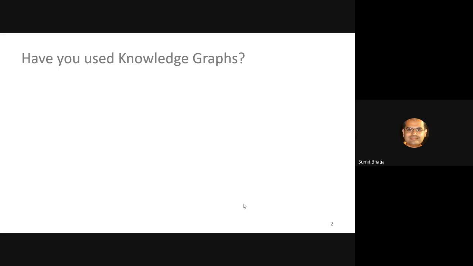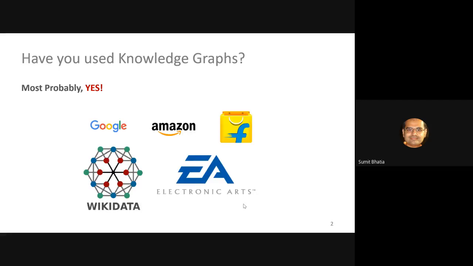Okay, so that's good to know, but unfortunately, most of you are incorrect. Actually, all of you have used knowledge graphs either one way or the other. It's just that you didn't know about it. And why do I say so? Because if you have used Google, you have benefited from a knowledge graph, which is powering Google search.